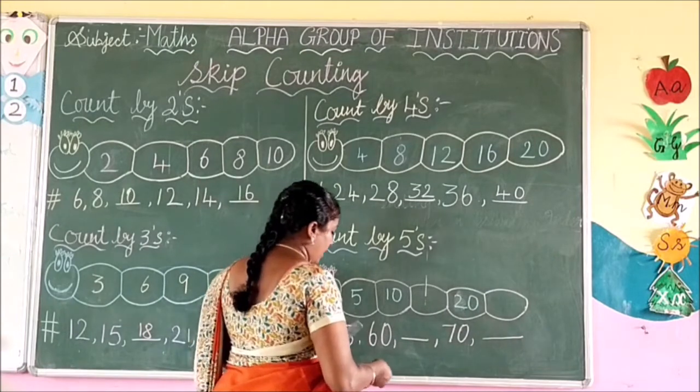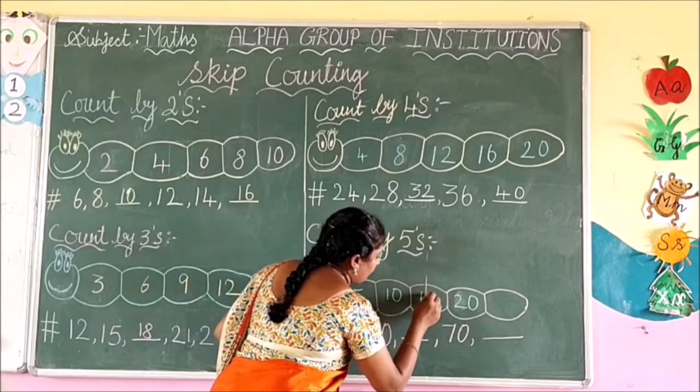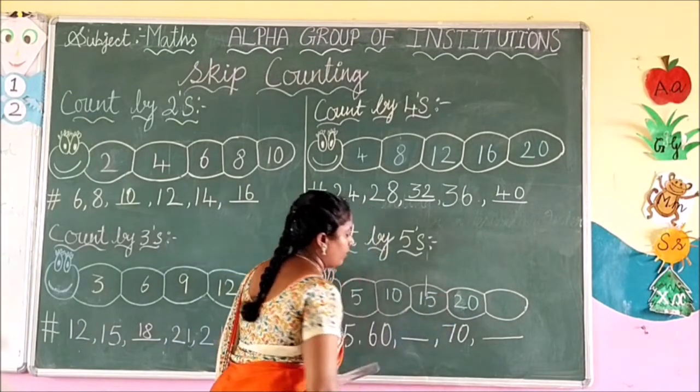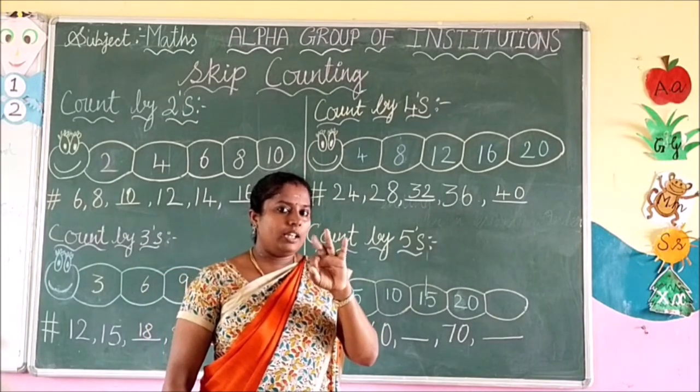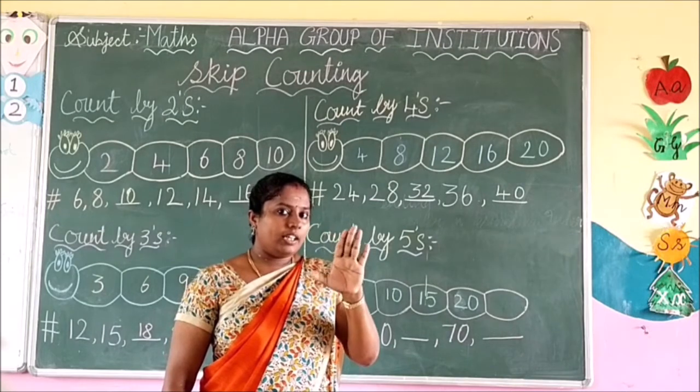So what has to come here? 15. Okay. So after 15: 16, 17, 18, 19, 20.